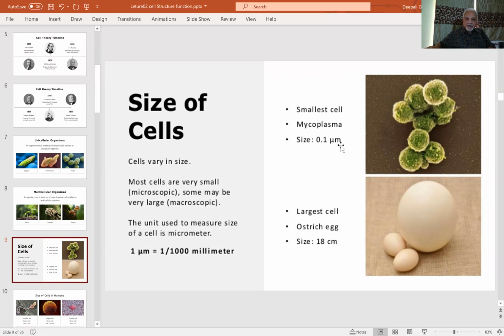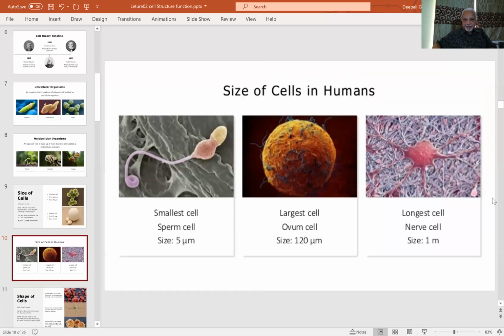And then you have the sea urchin egg, which is so big, and it is a single cell, 18 centimeters. So you have so much variation in the size of a cell, from microscopic to macroscopic.